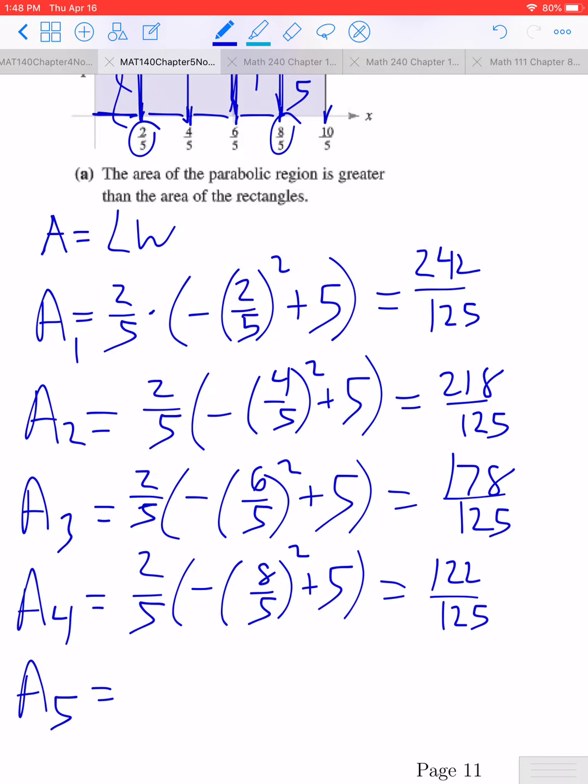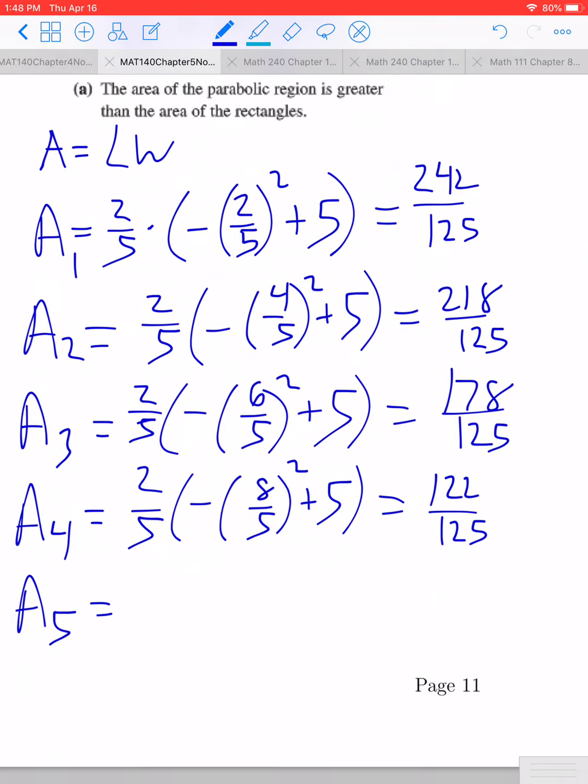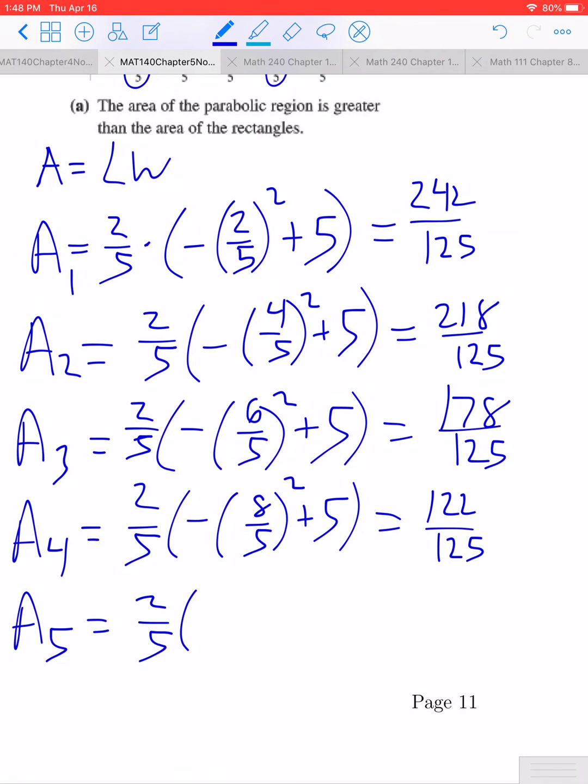If I look at the area of the last rectangle, its width is going to be given by substituting in 10/5, which is the same thing as 2. So I'm just going to call it negative 2 squared, or the opposite of 2 squared, plus 5, times 2/5. And that will work out to be 2/5.